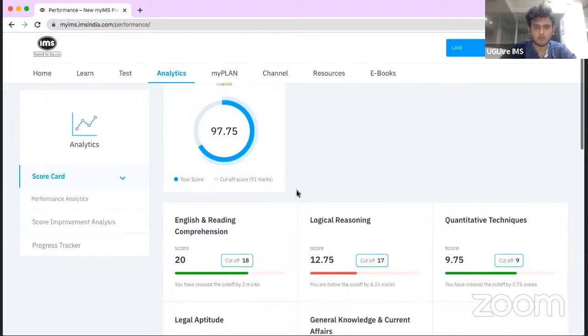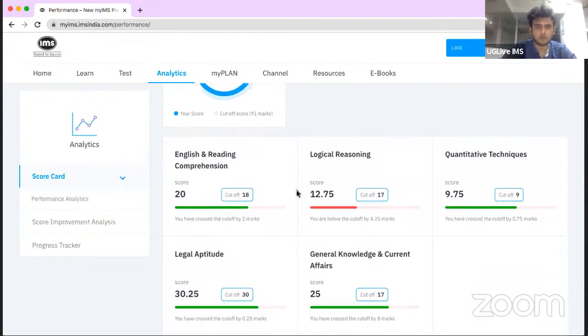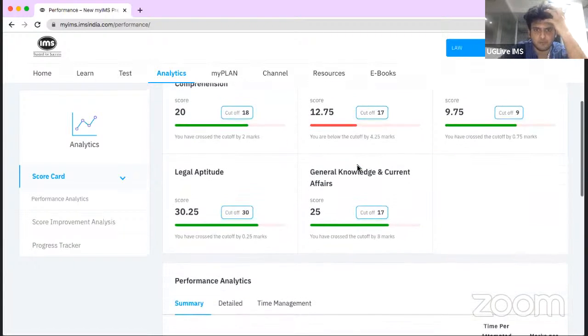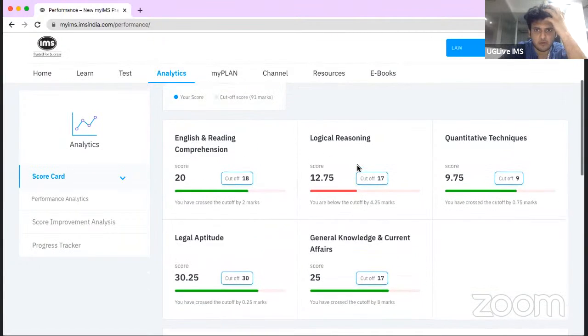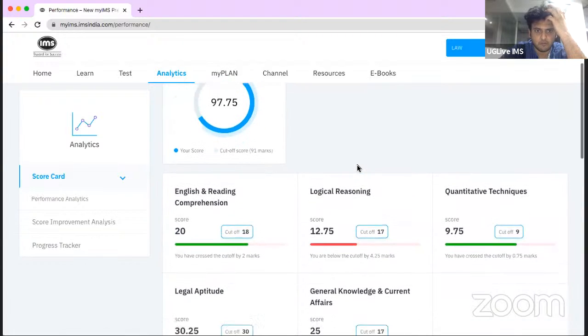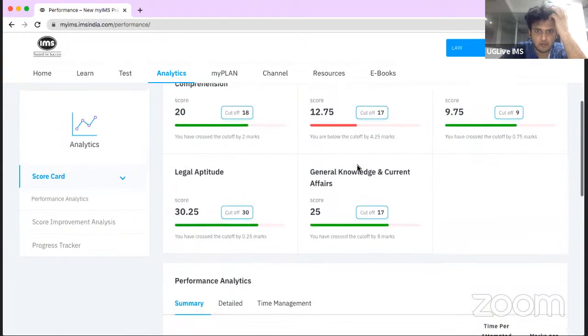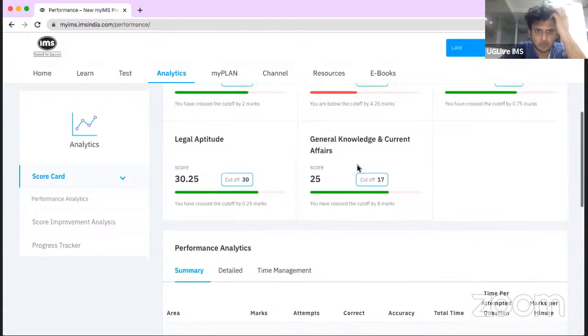Okay, so these are my scores. Okay, quantitative technique 9.75. Logical reasoning done amazingly well. Legal was good. I think that's my saving grace.